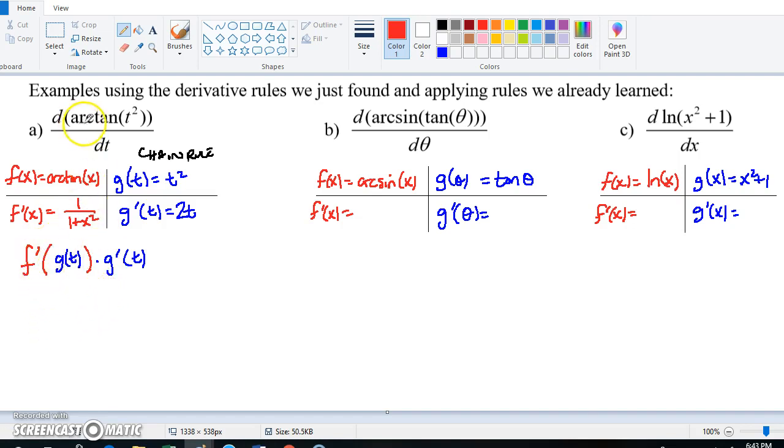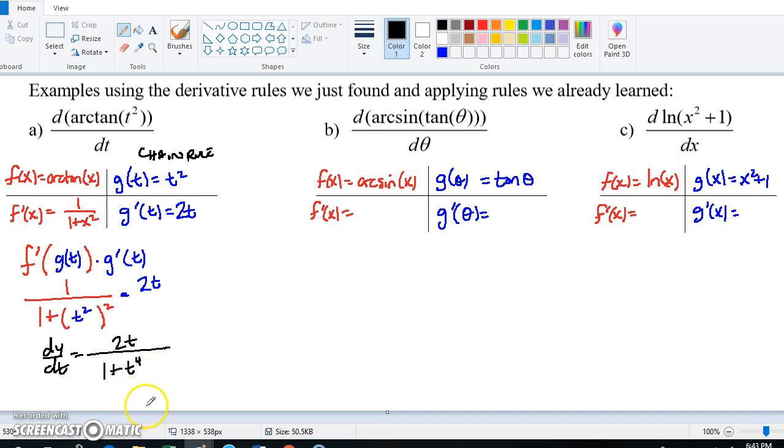So my derivative of the arctan of t squared should be 1 over 1 plus t squared squared times 2t. Our answer then is dy dt is 2t over 1 plus t to the fourth.